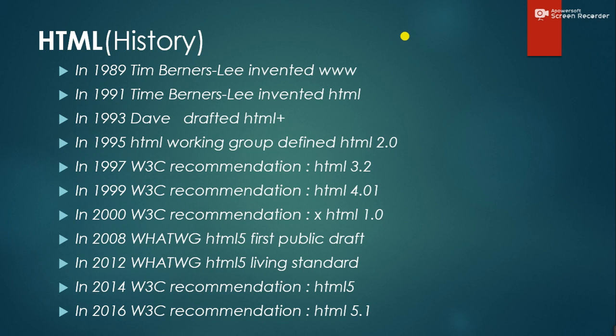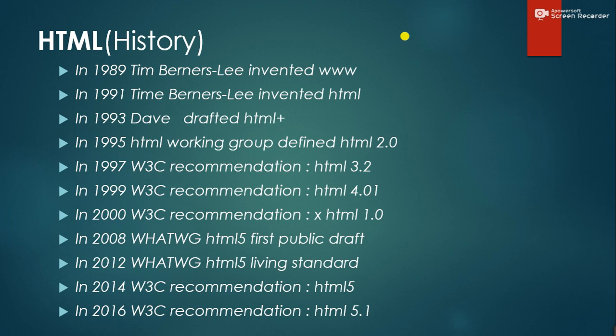In 1995, the HTML working group defined HTML 2.0 with some more features. In 1997, W3C recommended HTML 3.2 with more tags and features. In 1999, W3C recommended HTML 4.01 with some more features.